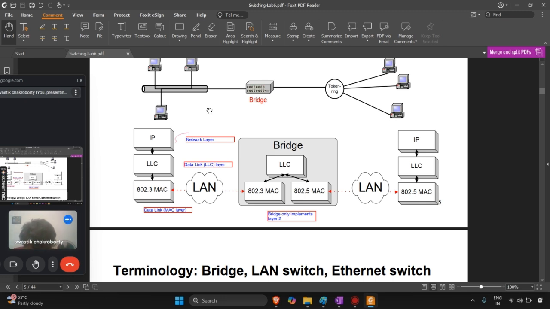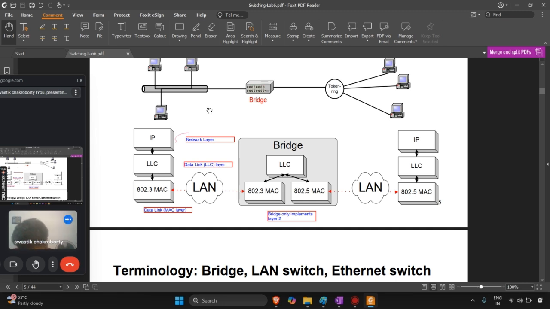Now 802.5 also becomes as if a network member of 802.3. So whatever data comes to 802.5 gets uploaded to the LLC, link layer control. From there the LLC will forward the packet to the 802.5 MAC of the bridge.